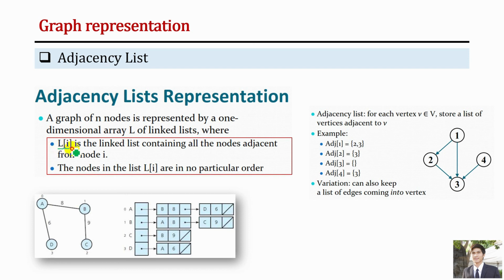Because it's an array, we have many slots, as we learned from the hash table, so this also applies similarly. Each slot holds a linked list where many elements connect to each other. The Li here is the linked list containing all the nodes adjacent from i, and the nodes in the list Li are in no particular order.